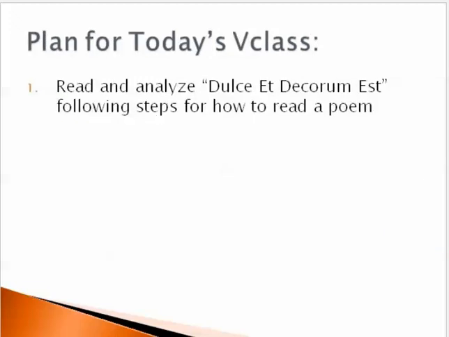Okay, so our plan for today is that we're going to read and analyze the Dulce et Decorum Est poem, following the steps for how to read a poem. I should mention that the assignment in the class where you look at this poem is a question mark assignment, and you're just given a number of multiple choice questions.